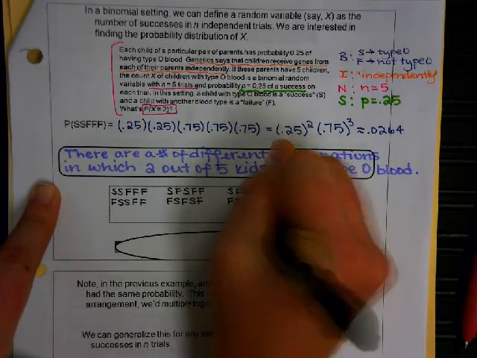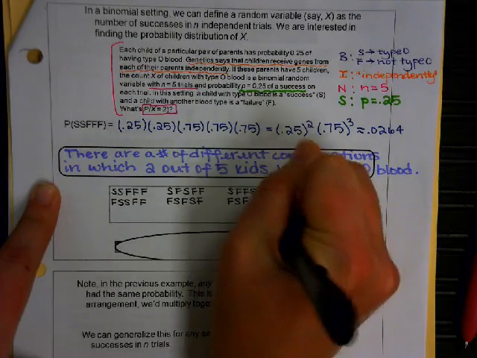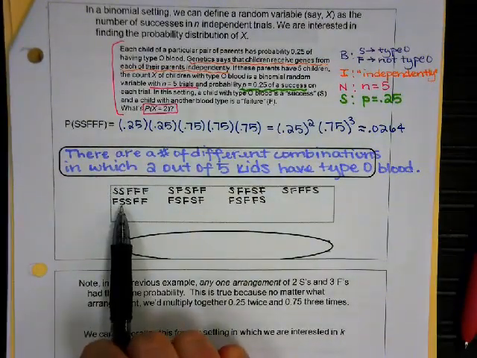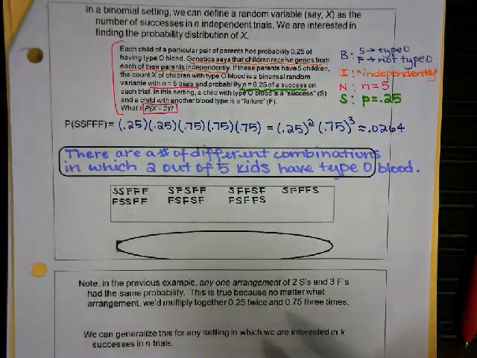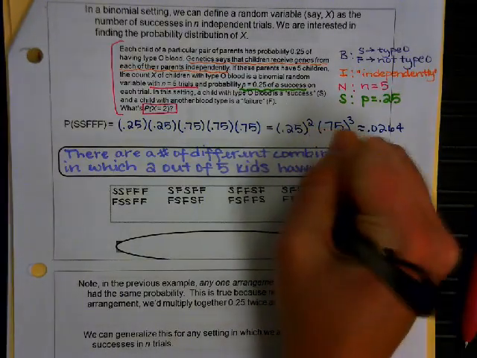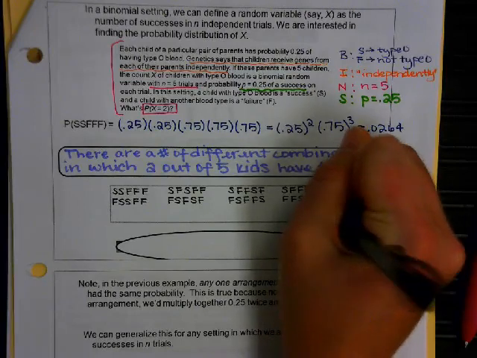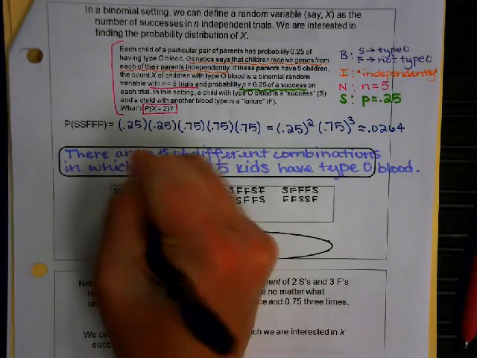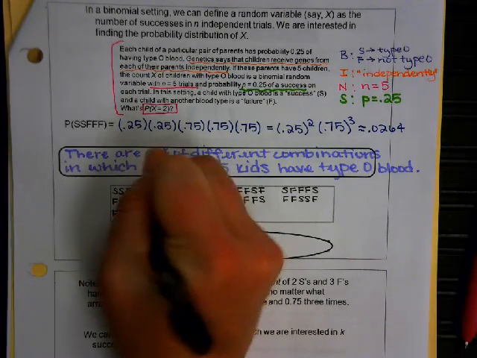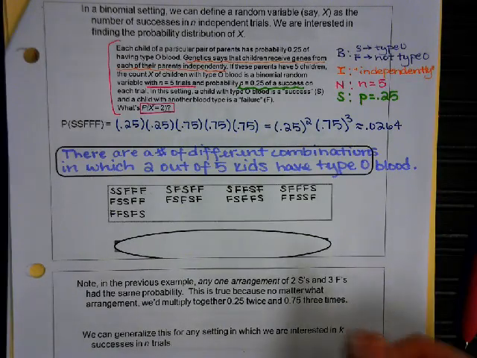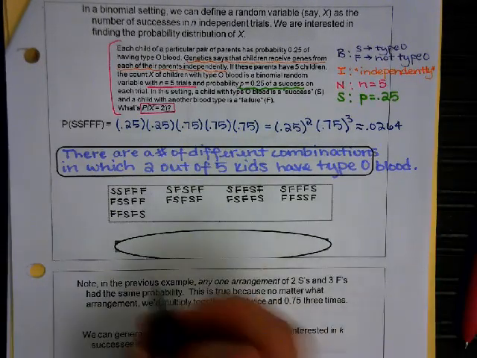Now I'm going to move to it being in the third and fourth. So fail, fail, success, success, fail. Or fail, fail, success, fail, success. And then fail, fail, fail, success, success. And I think I covered them all.